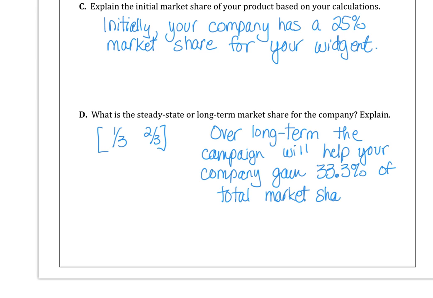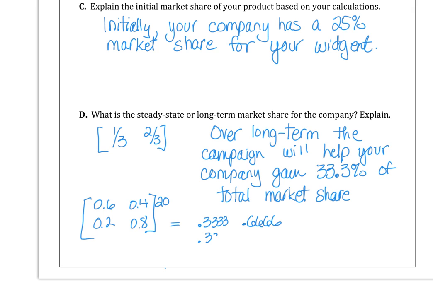And how did we do that? Well, I took the calculator and entered the first month, which was 6/10, 4/10, 2/10, and 8/10. And again, I like 20 on my calculator so I don't overstress it. And got the values 0.3 repeating and 0.6 repeating in all 4 elements. So I knew I had that steady state there.